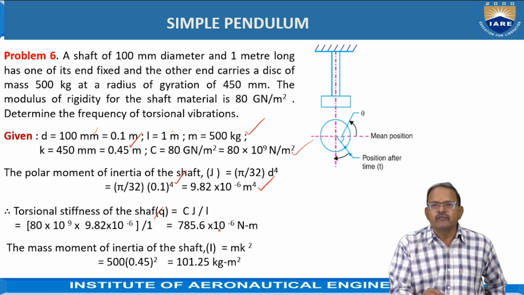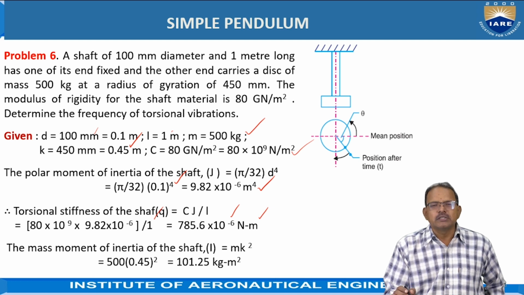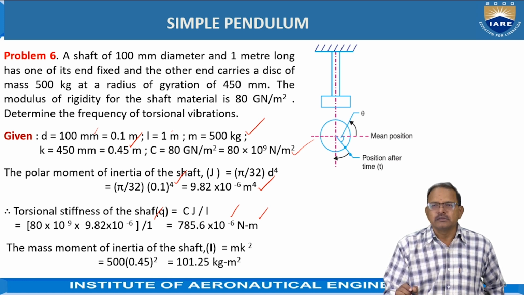By using this equation, we got 785.6 into 10 to the power of minus 6 Newton meter. This is called the torsional stiffness of the shaft, which is equal to CJ by L.